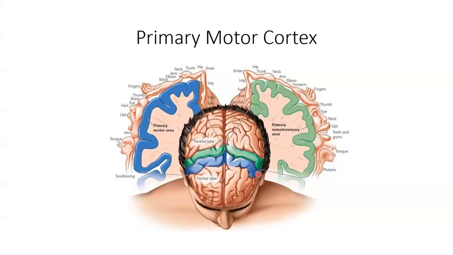The different muscles or muscle groups are not all represented equally, but more cortical area, so more brain tissue, is actually devoted to muscles involved in skilled, complex, or delicate movements. So movements that require more precision and more control.